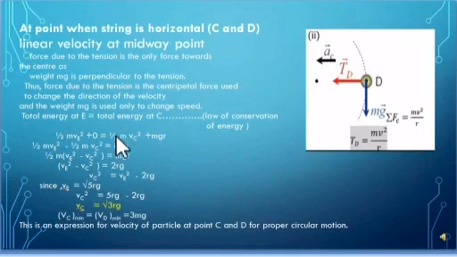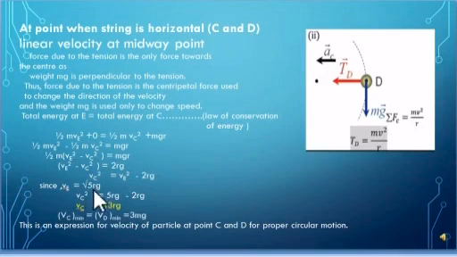So I have simplified here the equation: half mve square minus half mvc square is equal to mgr. Again by simplifying, I am getting vc square is equal to ve square minus 2rg. We have already derived the formula for velocity at position E, that is ve is equal to square root of 5rg.